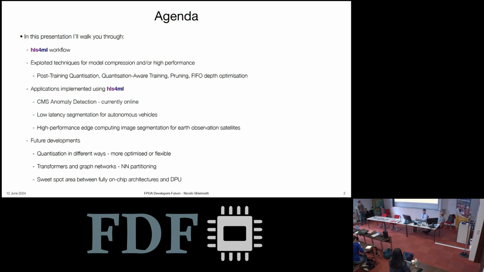Then I would like to explain what the main compression techniques are that we usually use with the library. Afterwards, I would like to present some of the applications that exploit HLS4ML and some future developments.